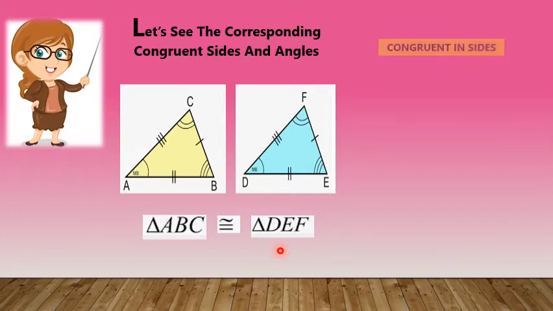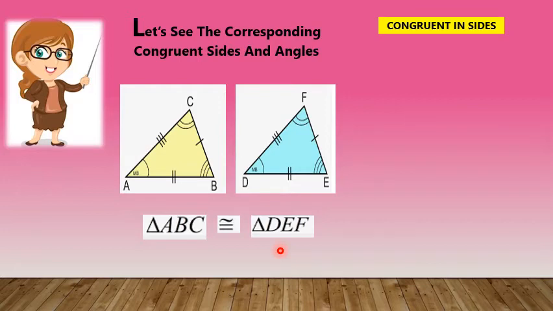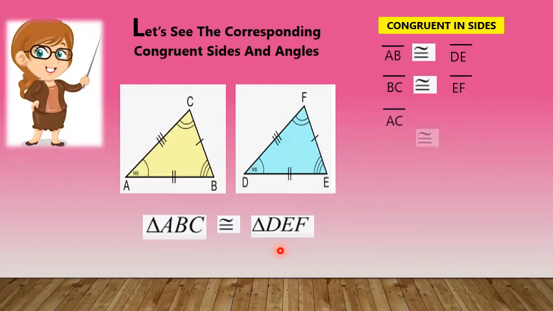Let's write the naming of congruent sides. Line segment AB is congruent to line segment DE. Line segment BC is congruent to line segment EF. Line segment AC is congruent to line segment DF. So that's all the congruent sides in the two triangles.